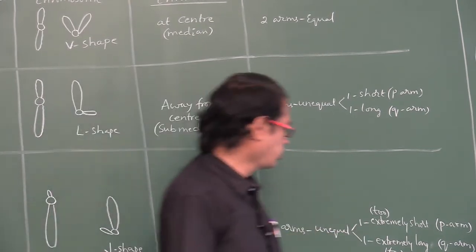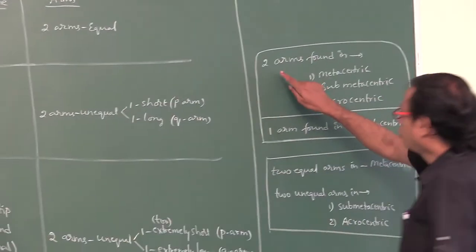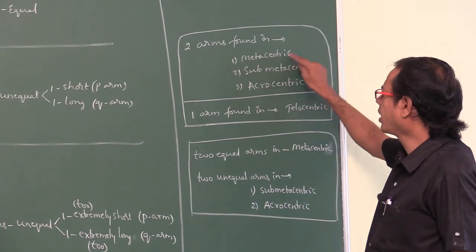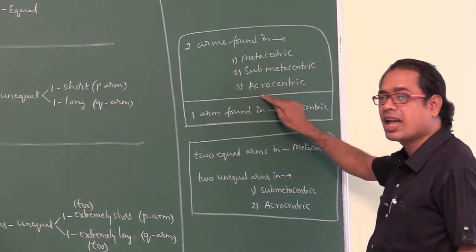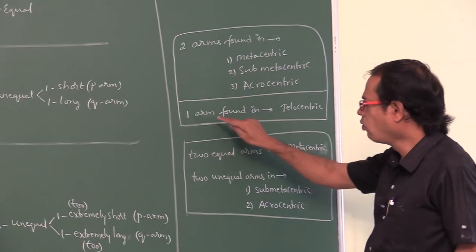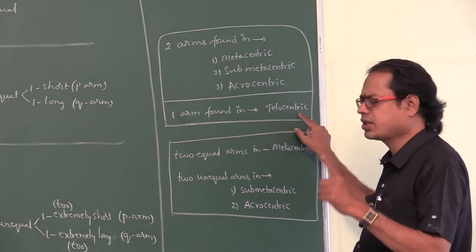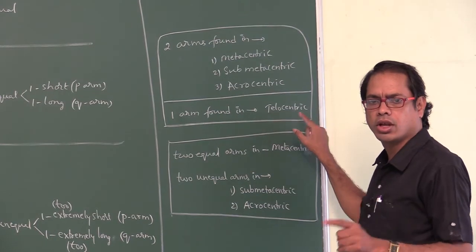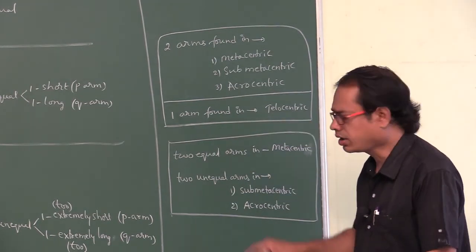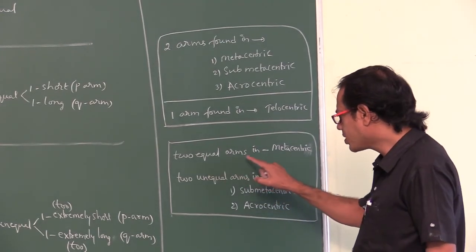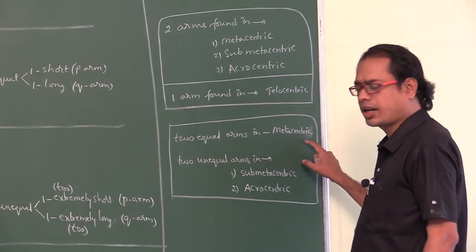Now, two arms are found in metacentric, submetacentric, acrocentric. Only one arm is found in telocentric. This is a very, very important point, my dear students. Next, two equal arms are found in metacentric.